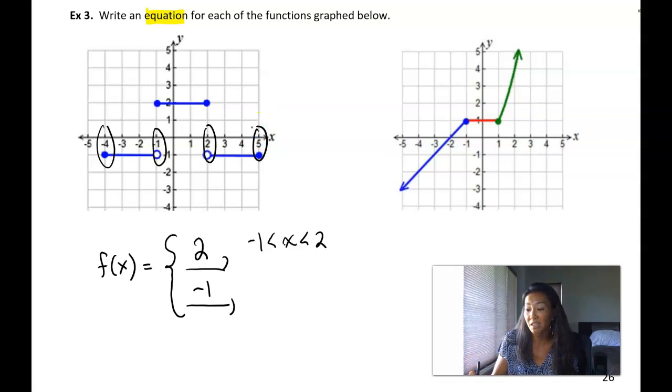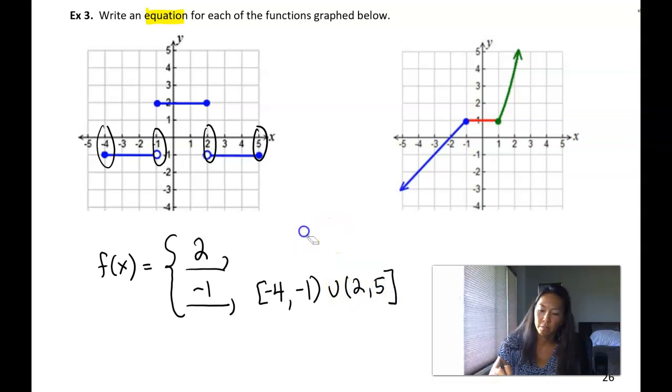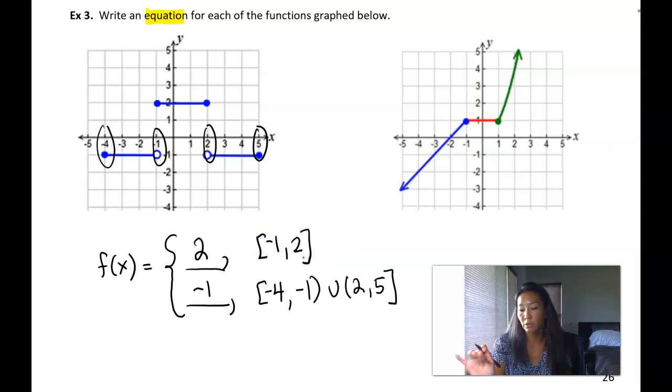So if you want to list it in interval notation, we could say from negative 4, which I do want to put a bracket on because it's including, to negative 1, parentheses, and then from 2 to 5. Now how would I do it up above if I want to change that from negative 1 to 2? Those are the intervals on which you want to graph this function. Okay, that has 2 pieces, 2 and negative 1.